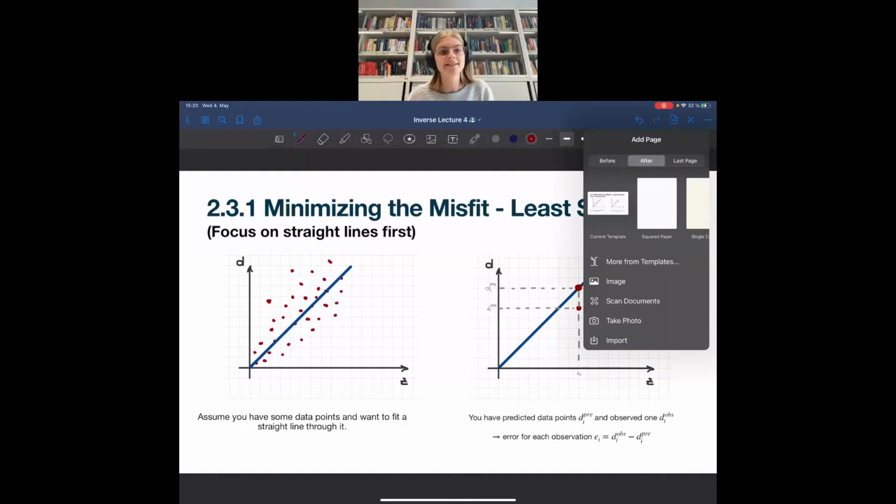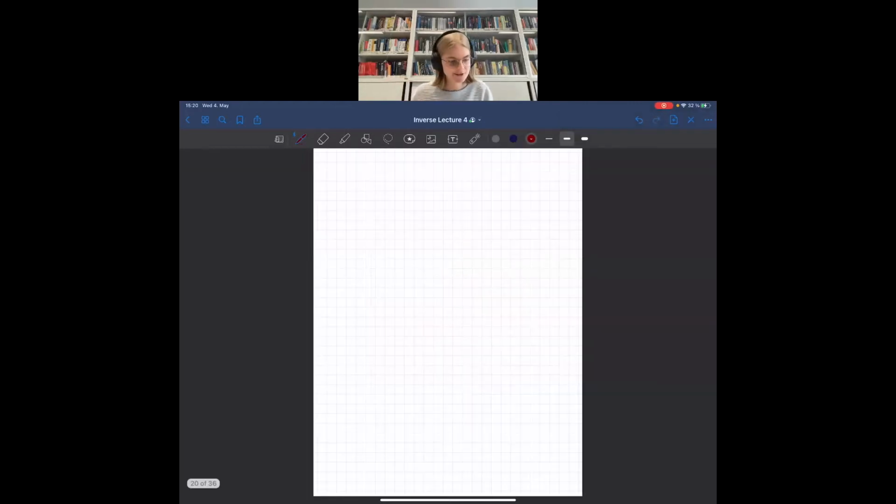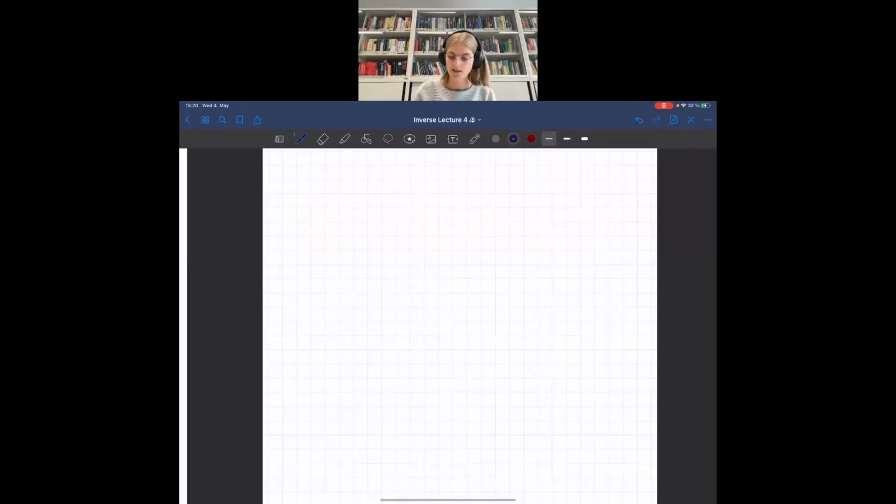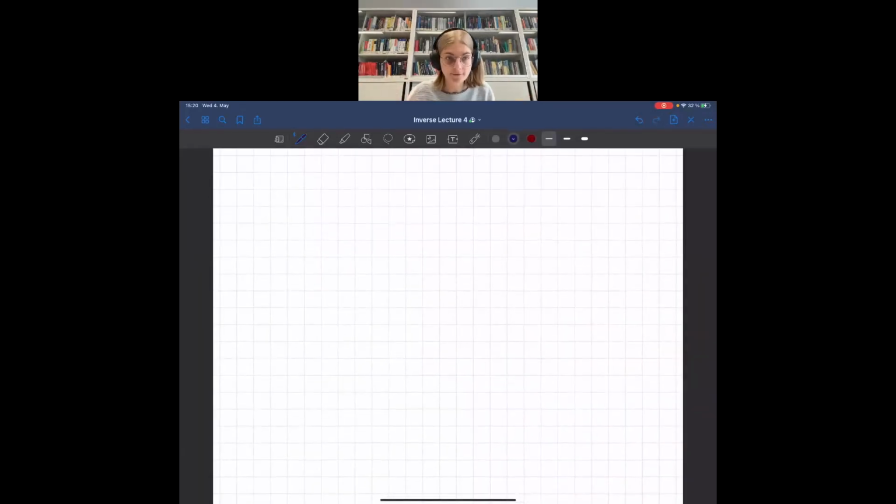Now, let us derive the least squares solution for the fitting of a straight line. We need a model first, and the model is a straight line. Therefore, d_i predicted will be something like m1 plus m2 times z_i.